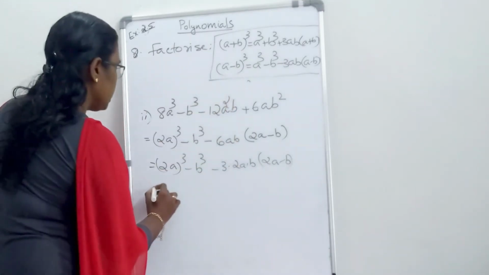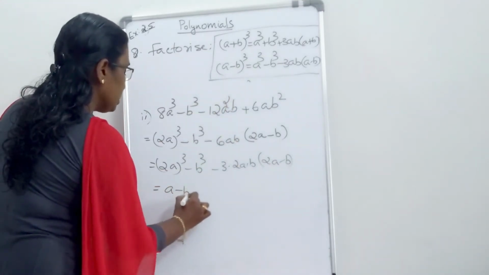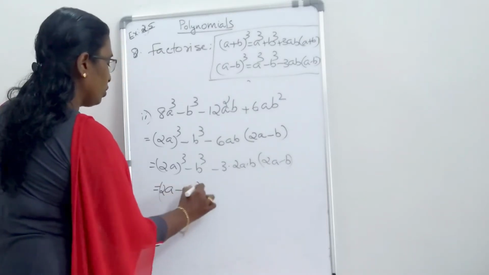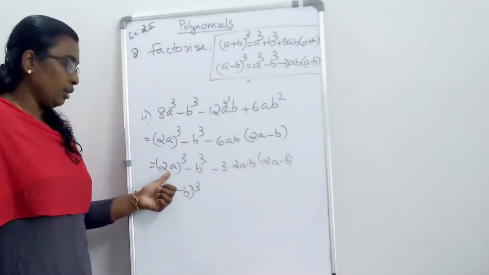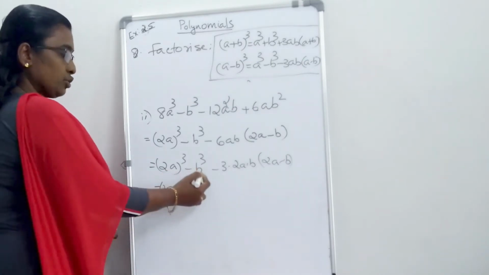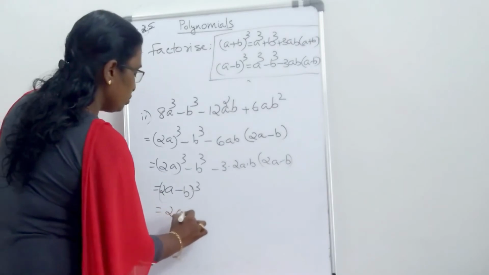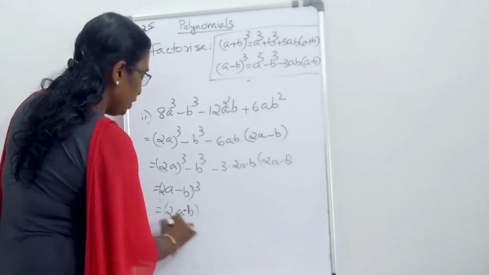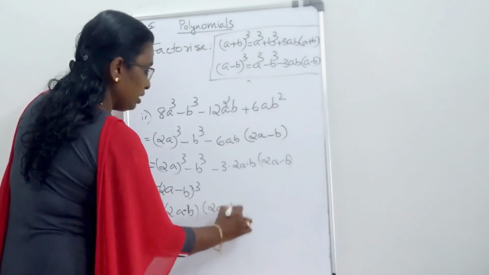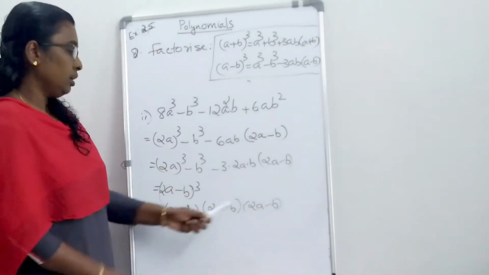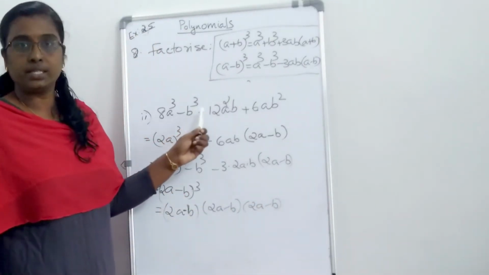So this can be written in the form a minus b the whole cube, that is 2a minus b the whole cube. In place of a we have 2a, in place of b, b is there, so 2a minus b the whole cube, that is 2a minus b into 2a minus b into 2a minus b. These are the factors of this expression.